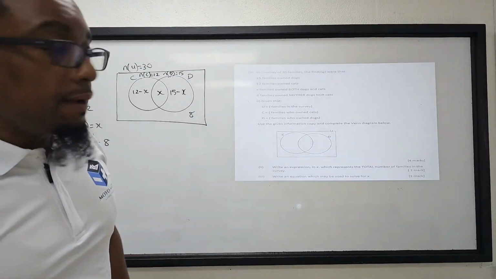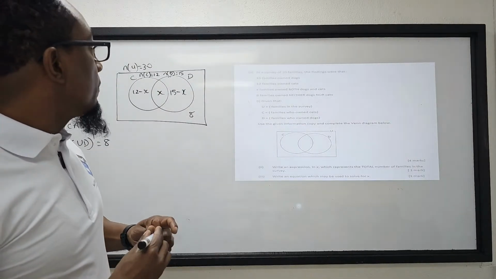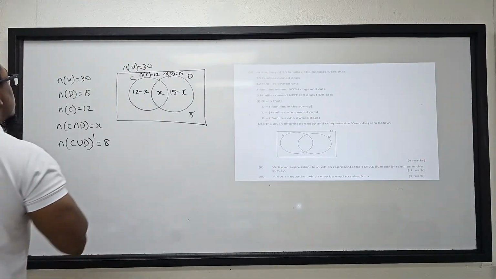Right, so making sure we can complete our Venn diagram. And they ask us, so this is part 1.